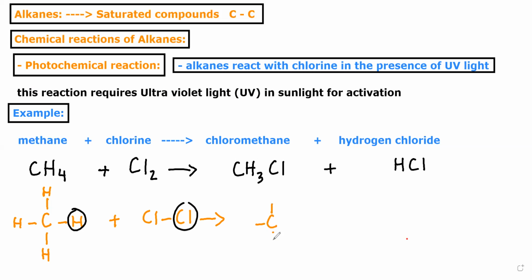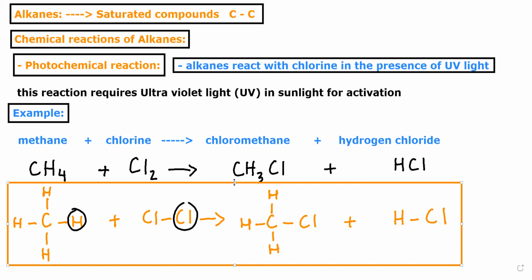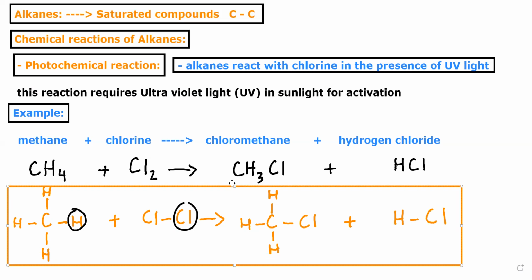CH3, so basically one hydrogen is replaced by chlorine. This is the structural formula equation for the reaction. This is the photochemical reaction where chlorine reacts with alkanes in the presence of ultraviolet light.